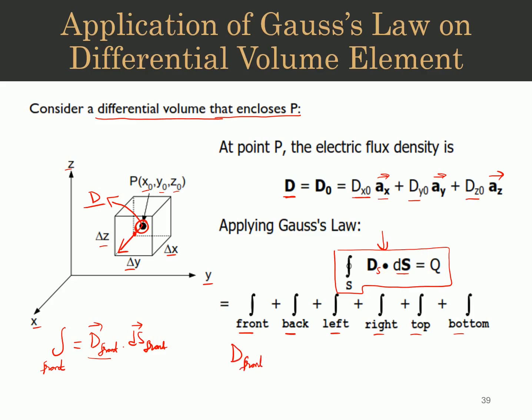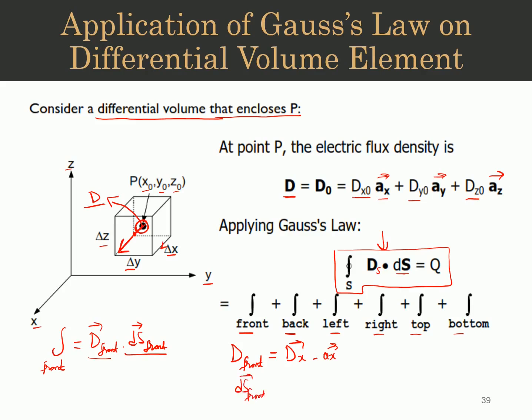The electric flux density moving towards the front is basically D of x with the unit vector a of x, because the electric flux line is coming from the back and moving towards the positive axis, and this is the x-axis.